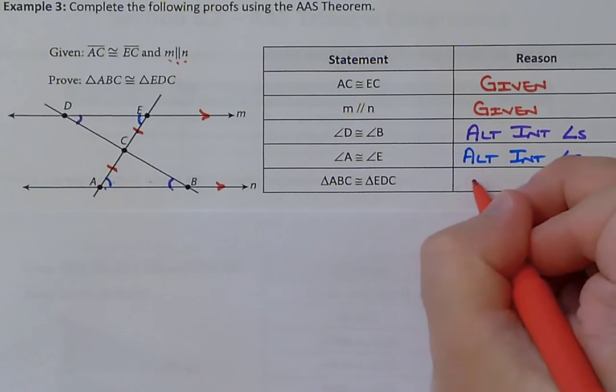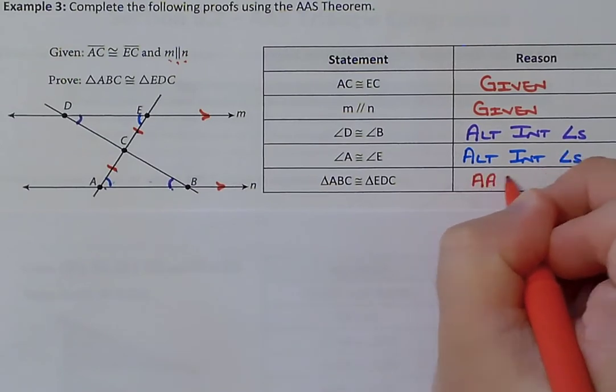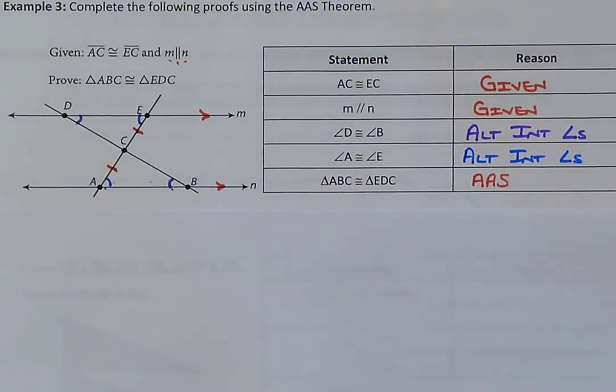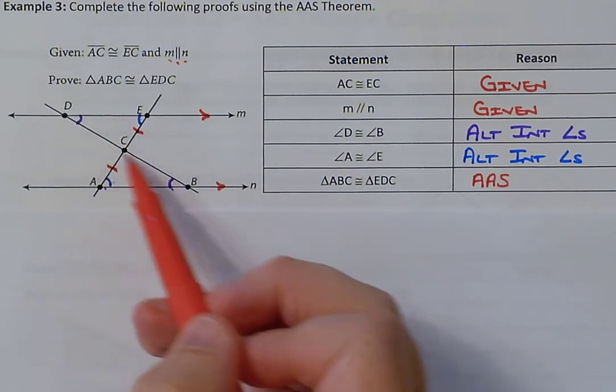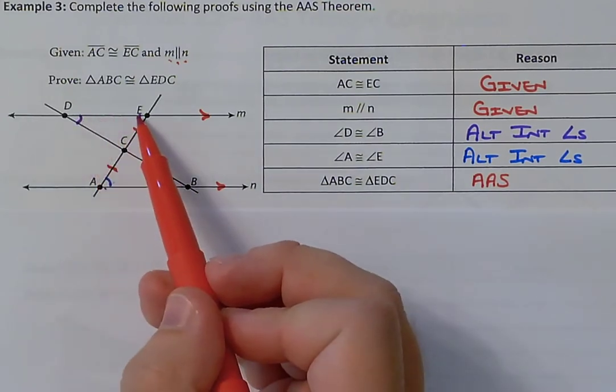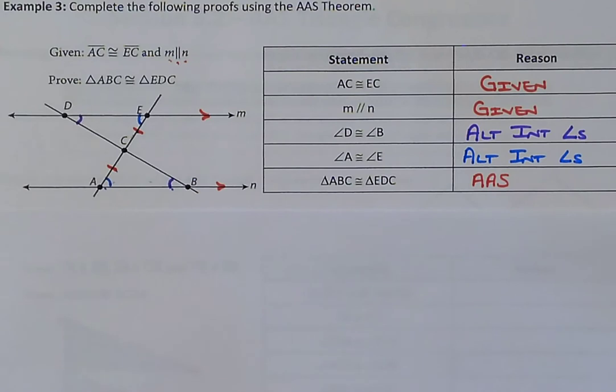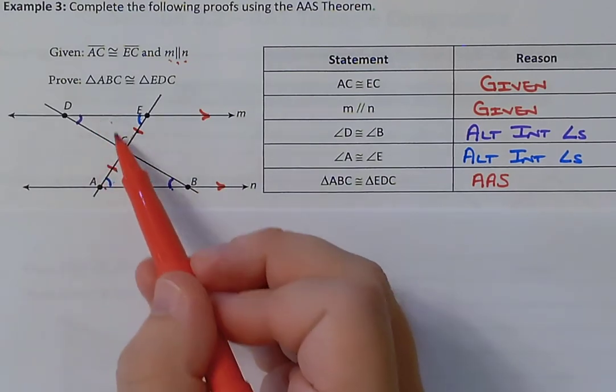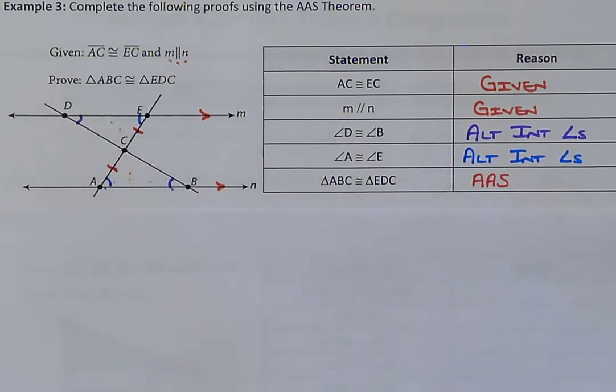I can say based off angle, angle, side, that triangle ABC is congruent to triangle EDC. So these two triangles are congruent to each other. And that is our first proof for today. Let's take a look at our second one.